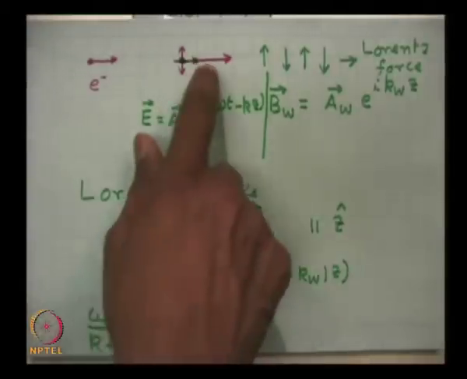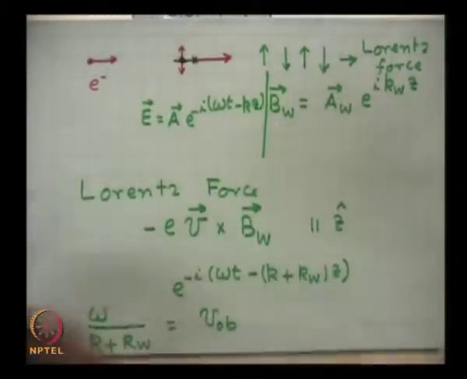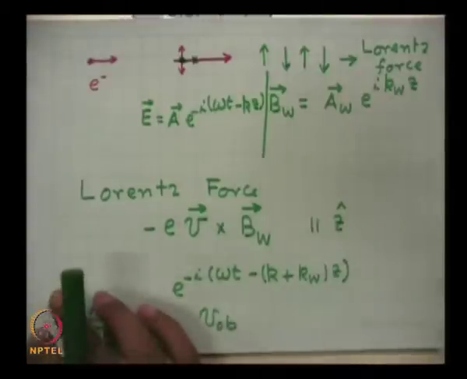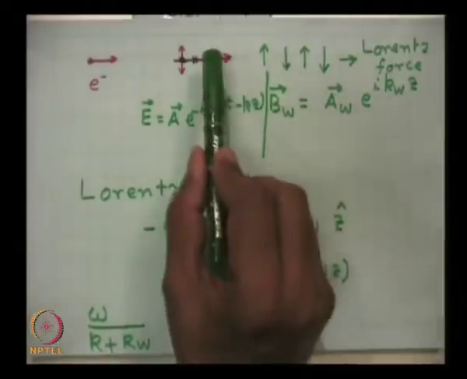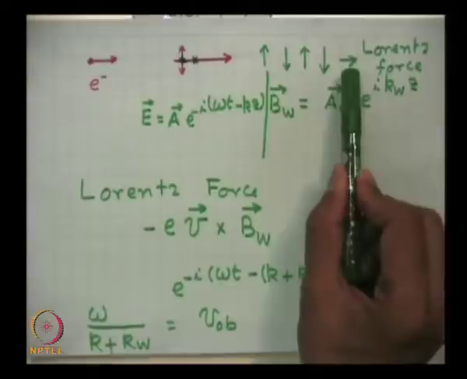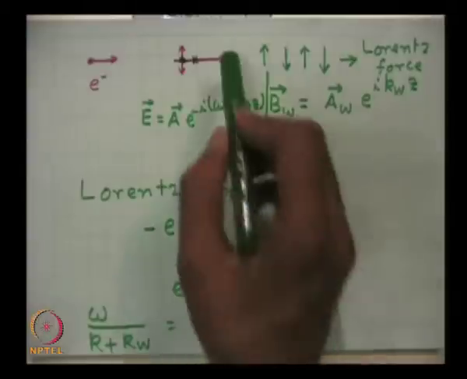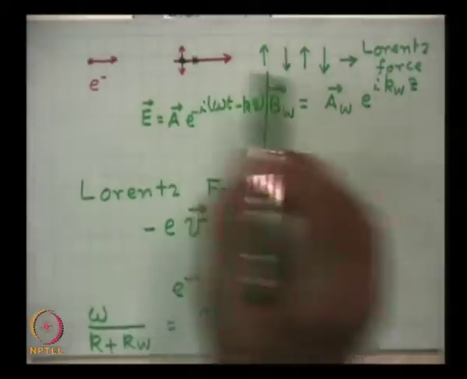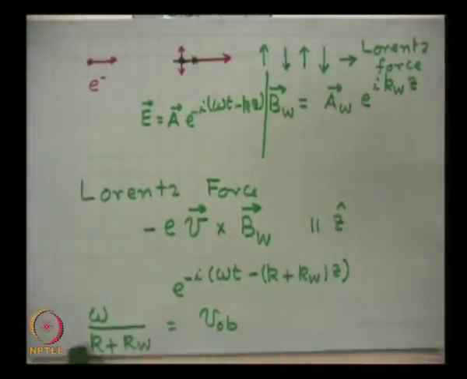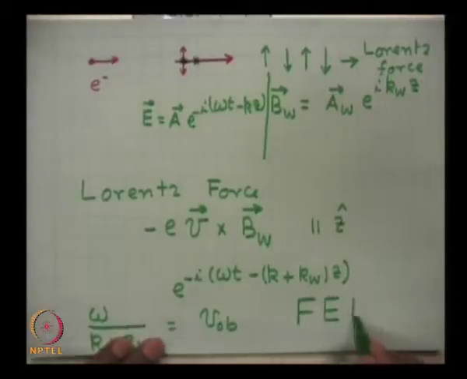So you have not slowed down the wave, you have not introduced any longitudinal component in the electric field of the wave, but just by sheer presence of a magnetic field, you can create a force on the electrons due to the mutual interaction of the electromagnetic wave and the wiggler magnetic field. This force has the same frequency as the wave, but its wave number is the sum of the wave number of the wave plus that of the wiggler, and the phase matching condition then becomes this much. Such a device is called a free electron laser, or FEL.